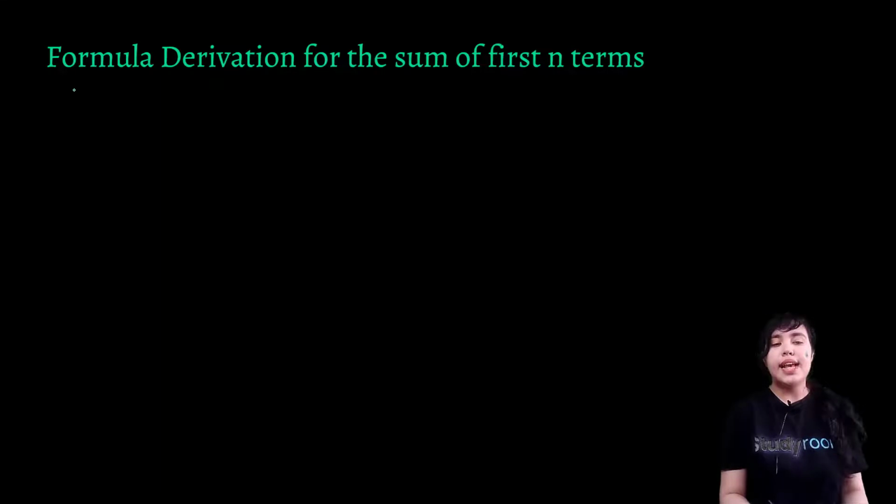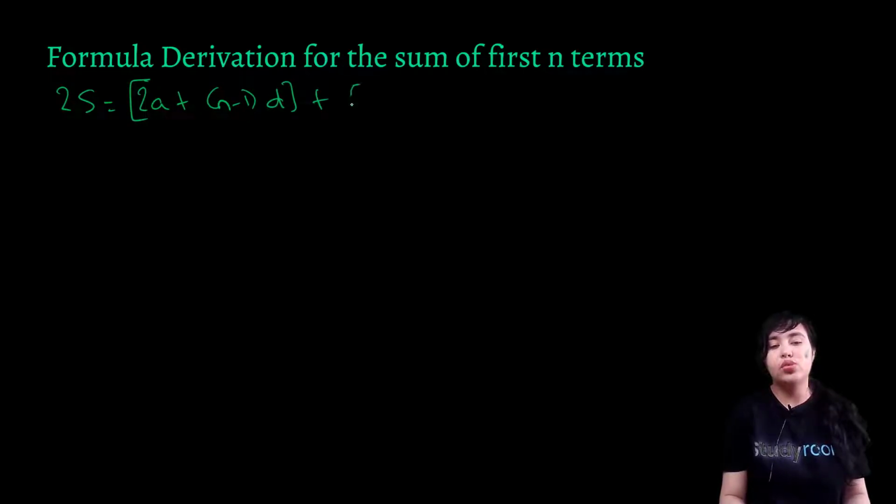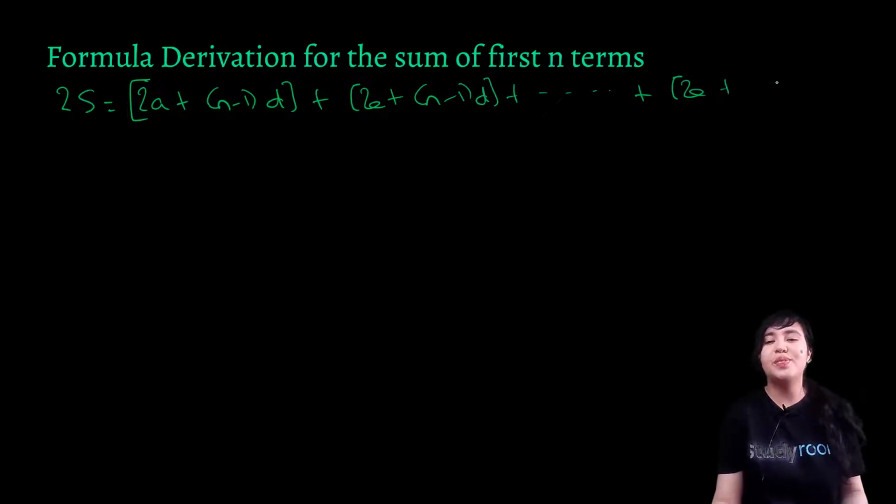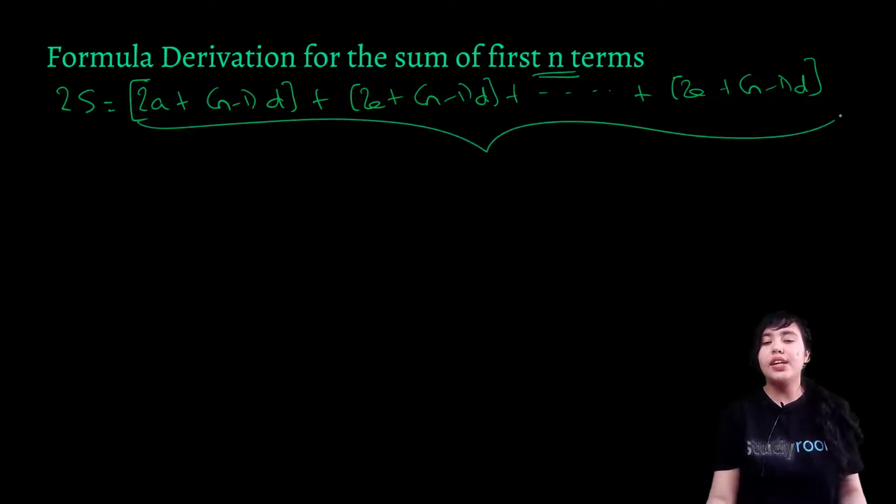So S plus S would become 2S, and on solving you will realize that every term comes out to be 2A plus n minus 1 into D, going on like this till again 2A plus n minus 1 into D. Now we were considering n terms, so the number of sums we get on adding term wise would also be n.